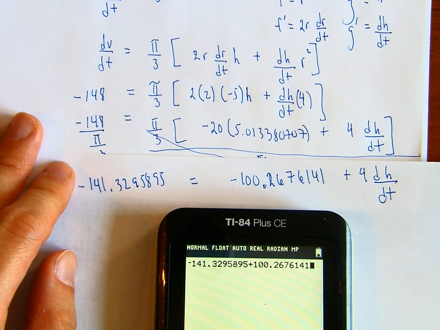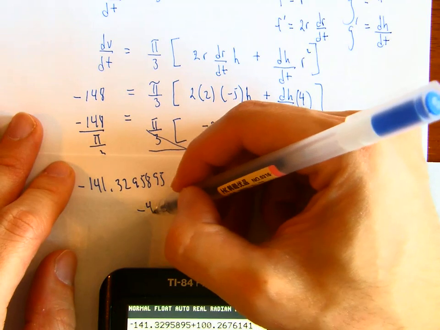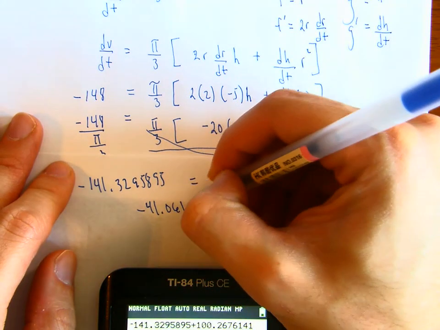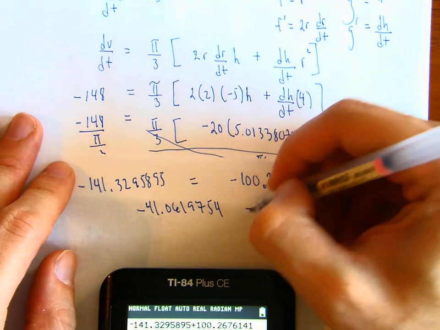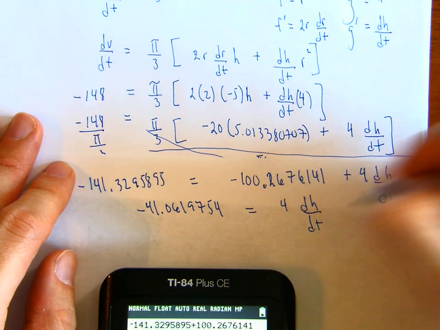So now that's equal to negative 41.0619754, which is equal to 4 dH dt.